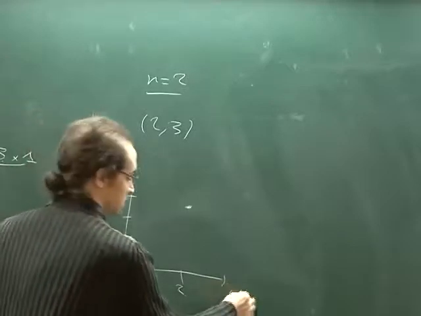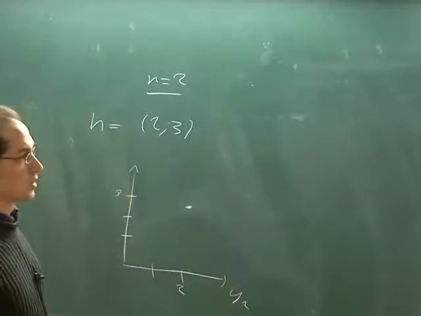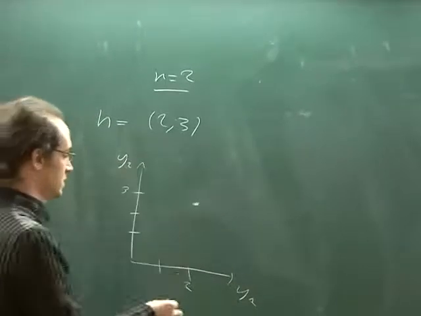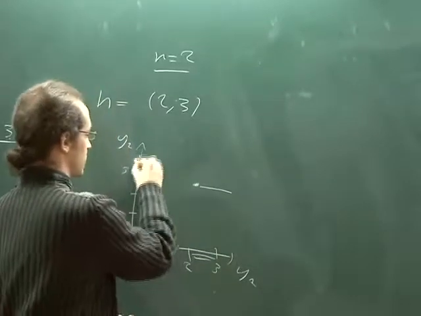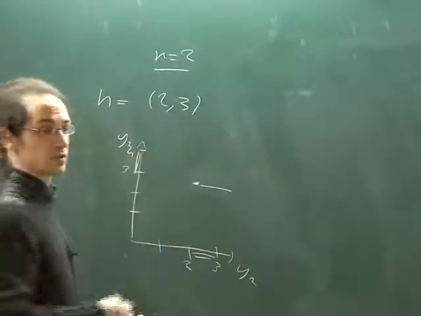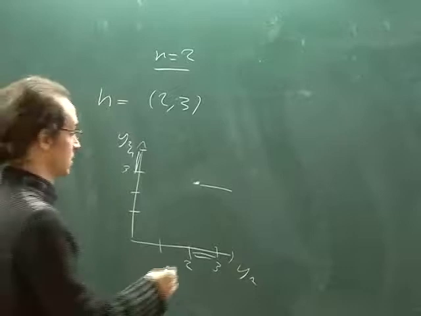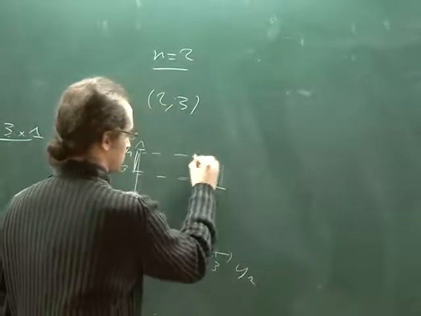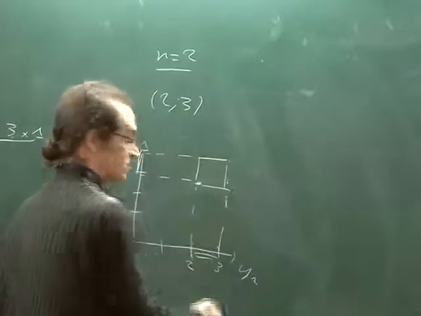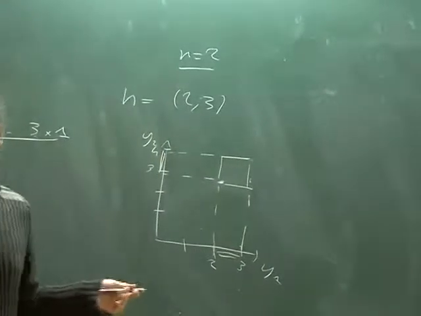Sorry, this is y1 and y2 now. So y1 must be between 2 and 3, and y2 must be between 3 and 4. So this already gives this little two-dimensional cube.